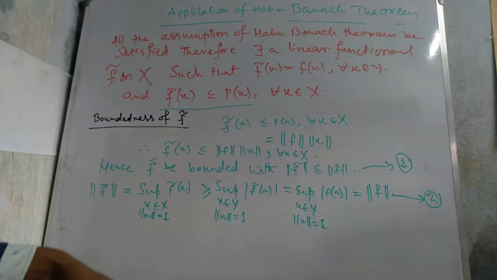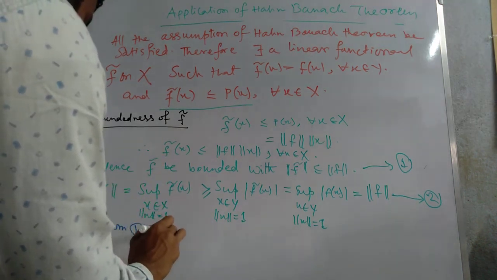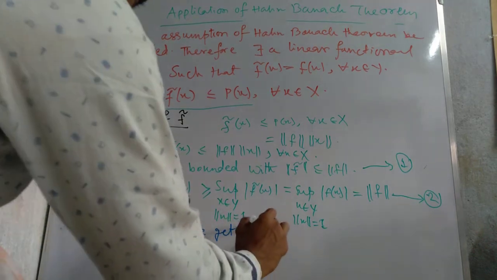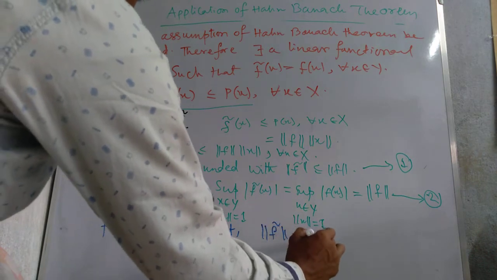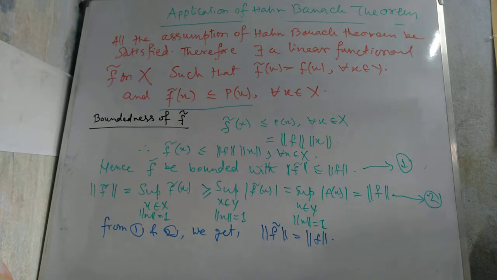What do we get from 1 and 2? We get norm of f tilde equal to norm of f. So we choose a function satisfying all the assumptions of the Hahn Banach theorem, and we construct one sublinear functional denoted by p(x) equal to norm of f times norm of x.